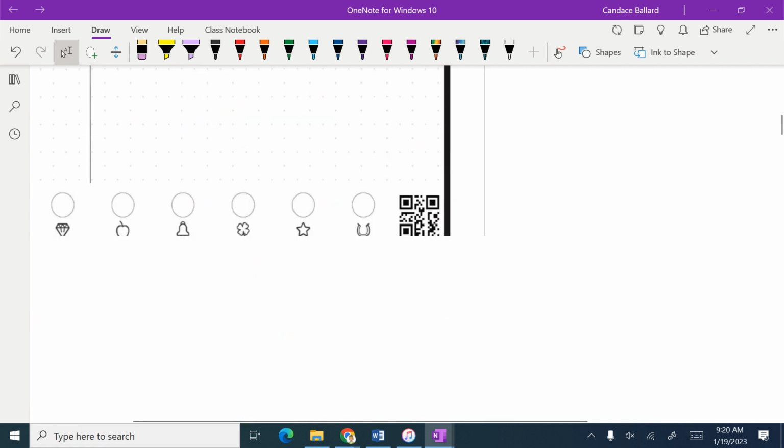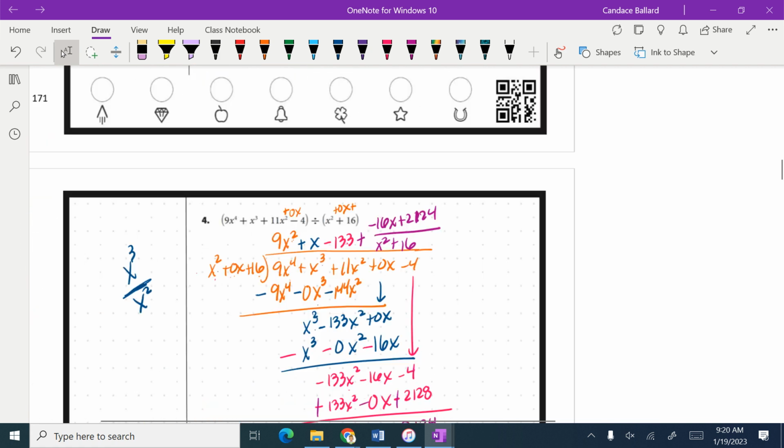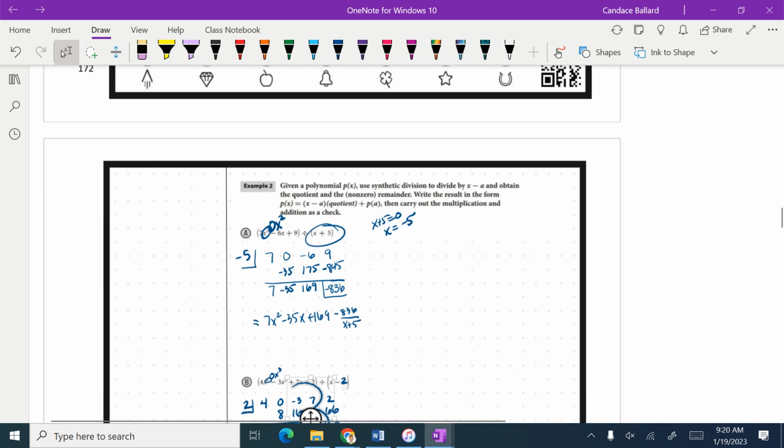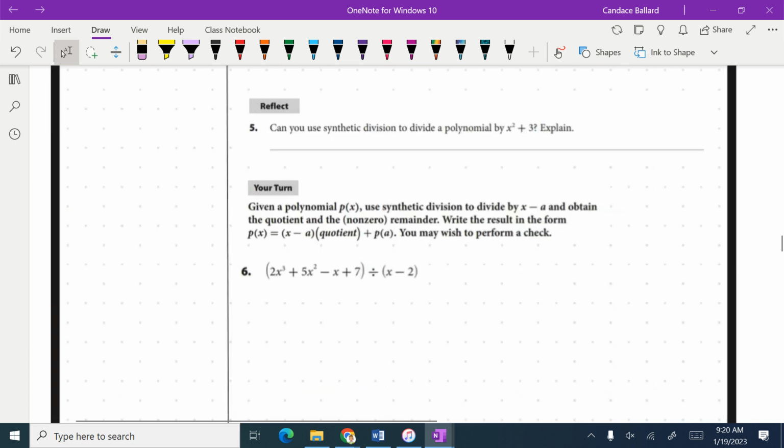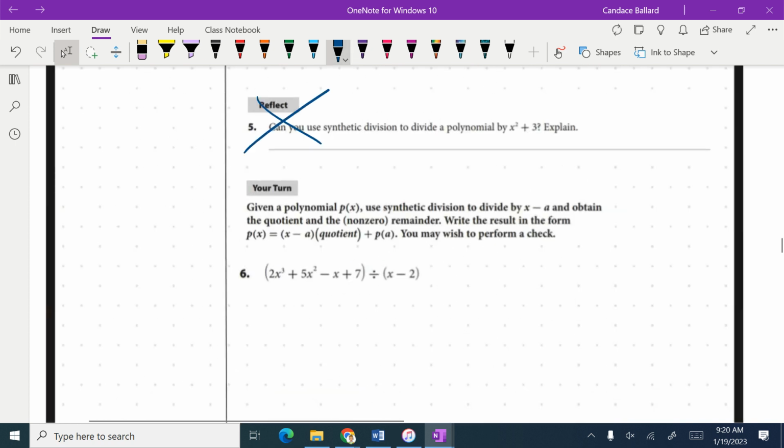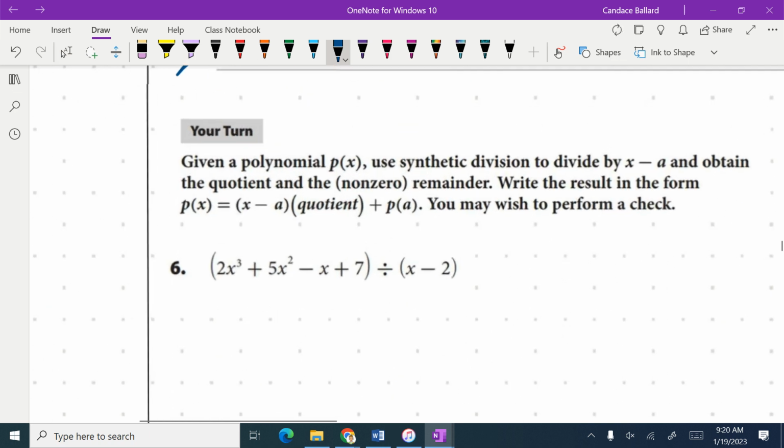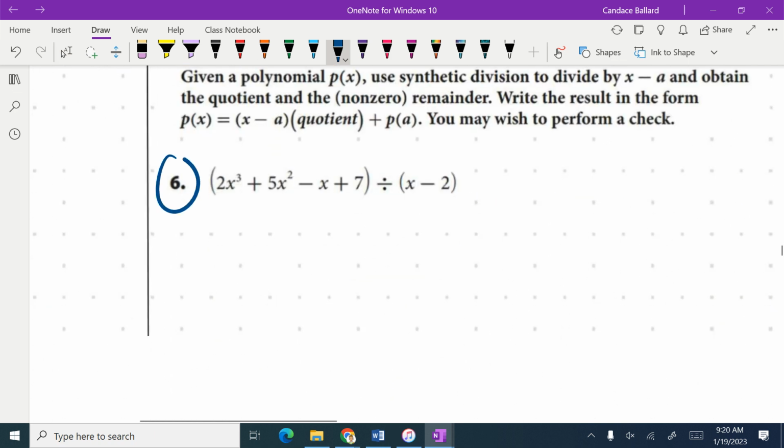All right, go to the next example. That's the next one down there. I think it is one that doesn't have a fraction. We're not going to worry about this reflect statement, so get rid of that. I just want you to do your turn from beginning to end, so you're just doing that problem. Use synthetic, not long. Practice your synthetic really quick on that one.